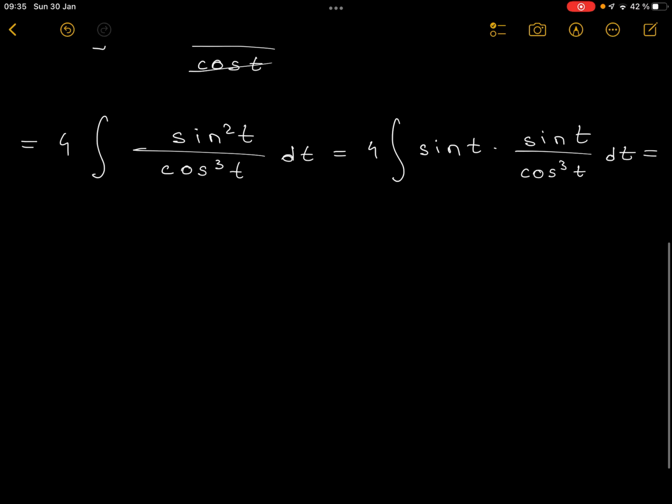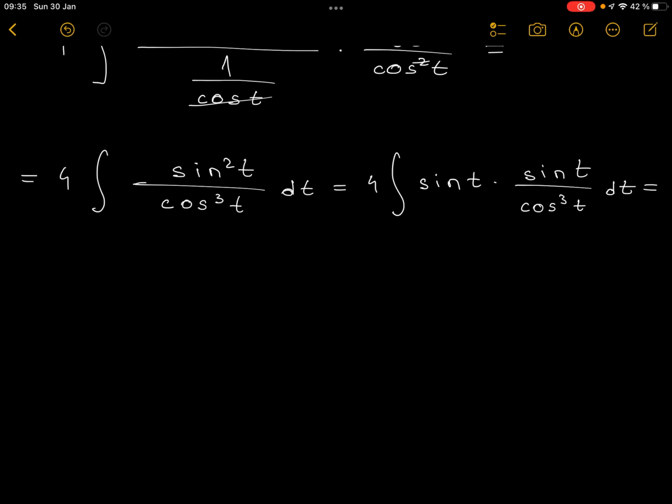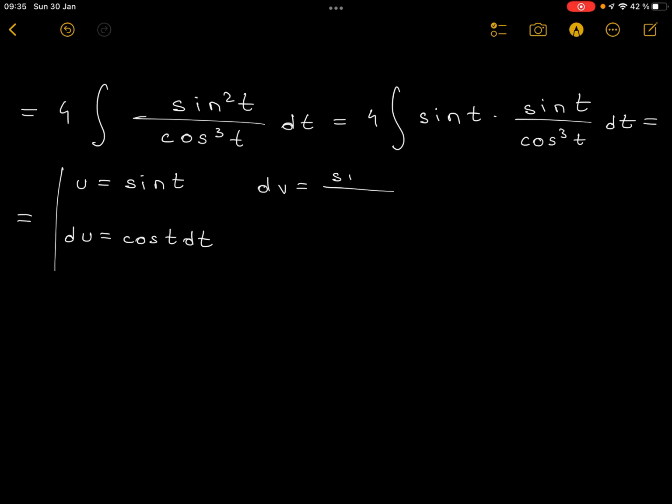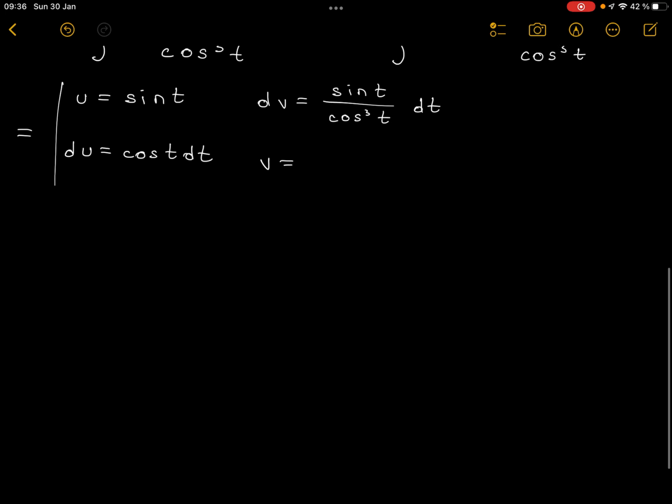Okay, and what could we do from here? Well, we can get that if we say that u is equal to sine t, then du will be equal to cosine t dt, and dv is equal to sine t over cosine to the third power of t dt. Then we'll get that v is equal to what?